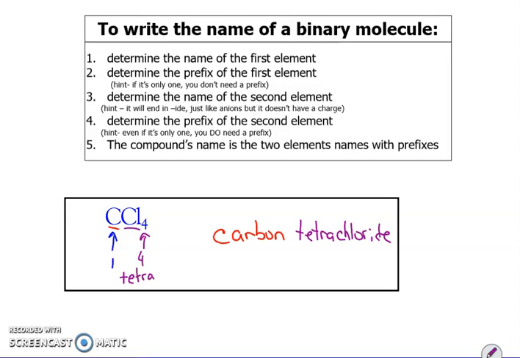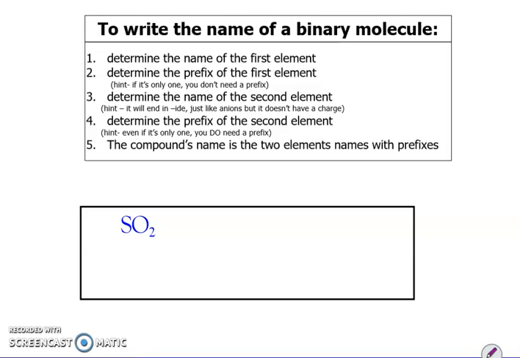Okay? Let's take a look at another example here. Again, we look at the first element. The first element is S, that is sulfur. So we're going to write down sulfur, and there's only one of them, so there's not going to be a prefix. It's just going to be sulfur.